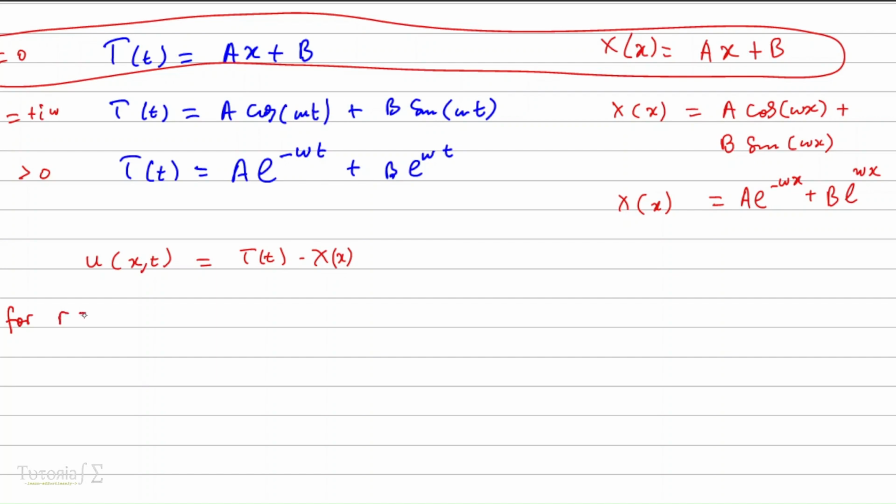For r equals 0, we have u of x,t. Now, we are given those initial conditions. We need to solve for r equals 0. We have T of t equals at plus b, and X of x is equal to ax plus b. Now, what are the initial conditions that we've been given?